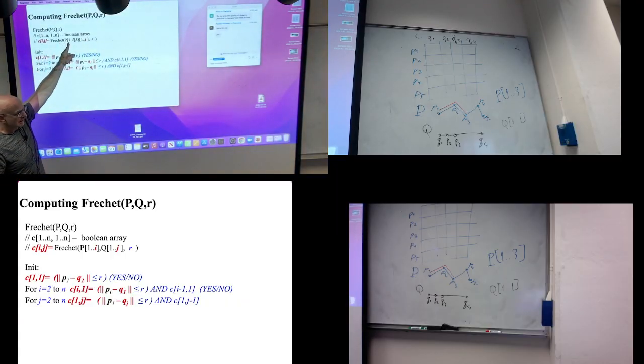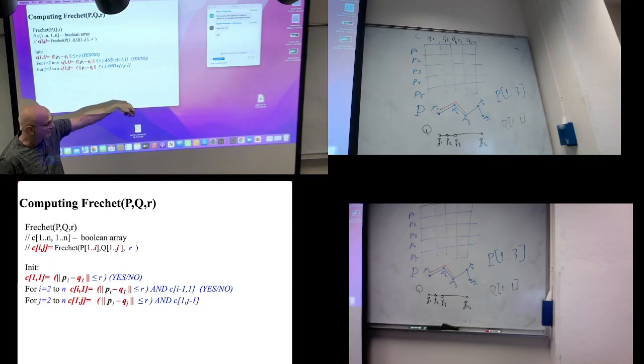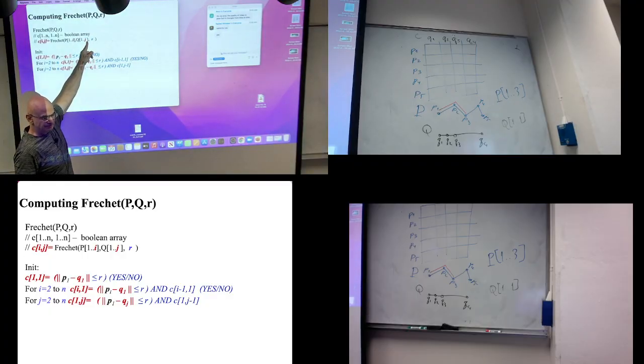To know what is C_ij, the notation is a bit confusing, but very similar to what we did in the LCS. P of 1 dot dot i is the prefix of the first i vertices of P, the polygonal path of the first i vertices of P. P of 1 dot dot 1 is just a single vertex. P of 1 dot dot 5 will be the whole of the path. P is the blue path over there. Q of 1 dot dot j, the same thing.